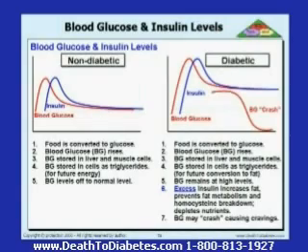This chart represents the insulin glucose profile for a non-diabetic. When a non-diabetic eats food, their blood glucose level rises, then the insulin rises, but it all levels off somewhere between 80 to 100 milligrams per deciliter. In a diabetic's body, the glucose level continues to rise, insulin levels continue to rise, and they never return to normal.